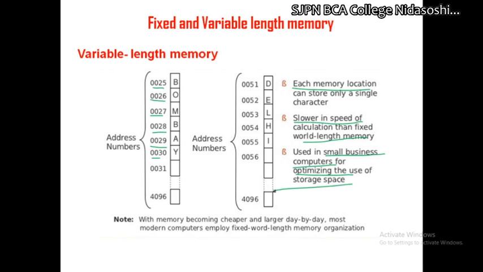For example, if 20 GB is taken in fixed word length memory, in variable length memory it can take only 15 GB, because it optimizes the space.